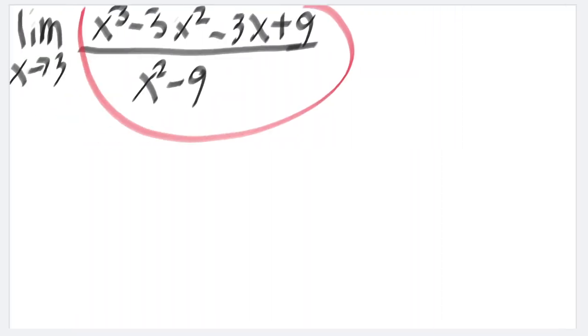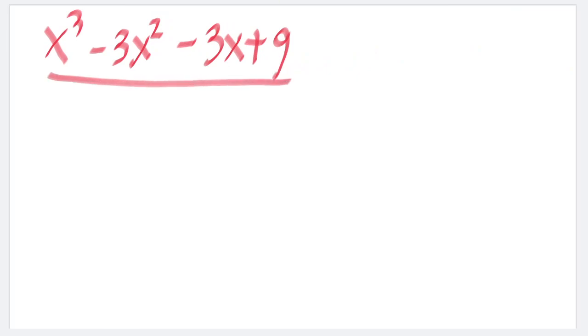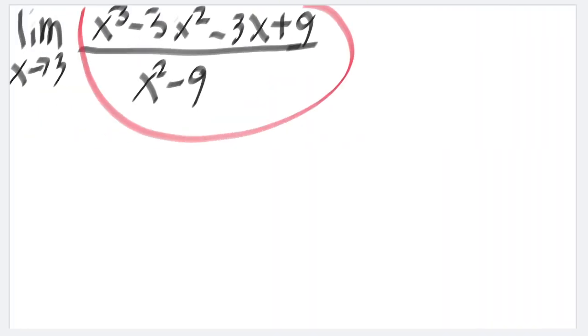x cubed minus 3x squared minus 3x plus 9, all over x squared minus 9.